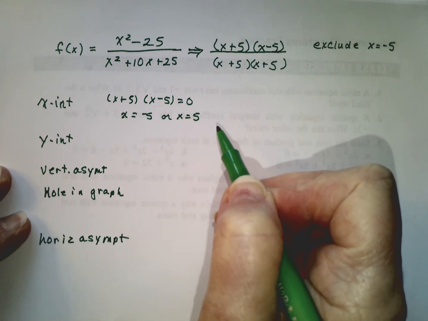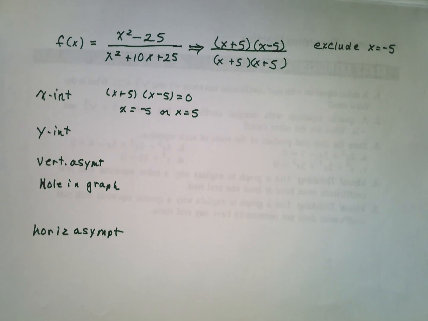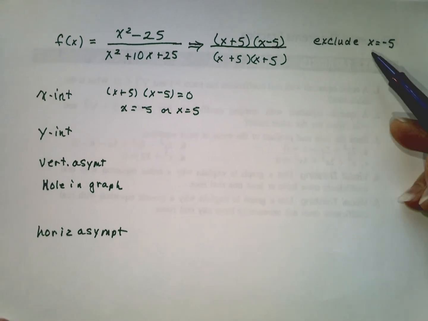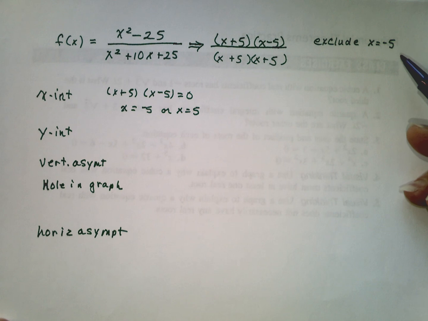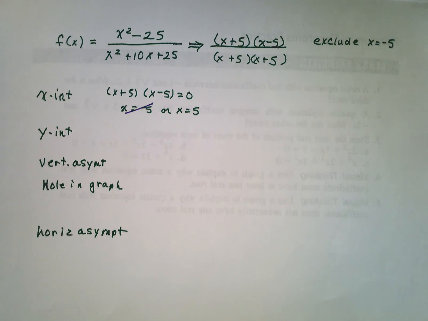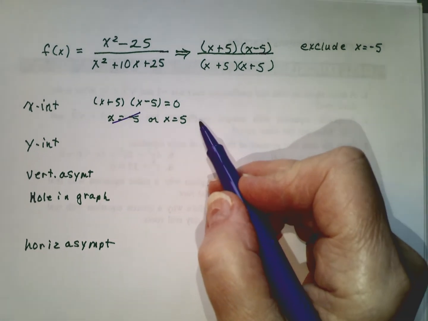Those are our candidates for x-intercept. However, we have already found that we can't use the value x equals -5. We are going to have to exclude that value, and our only x-intercept could possibly be when x equals +5.